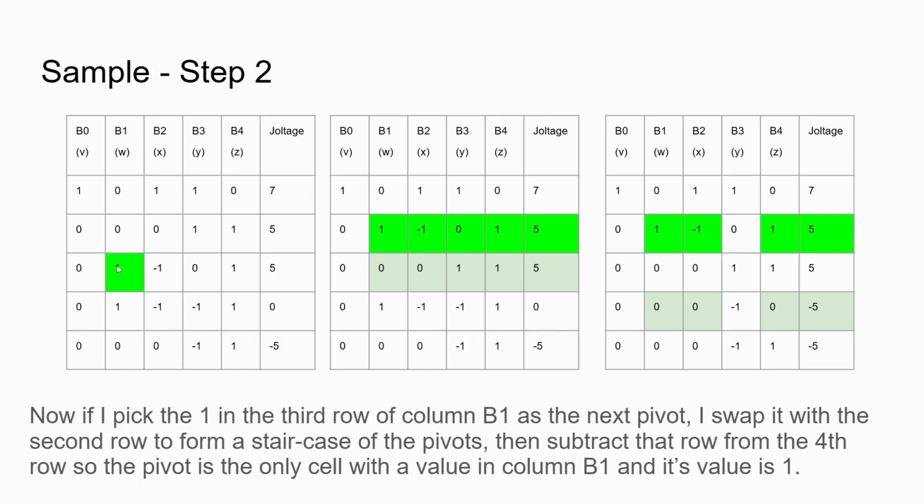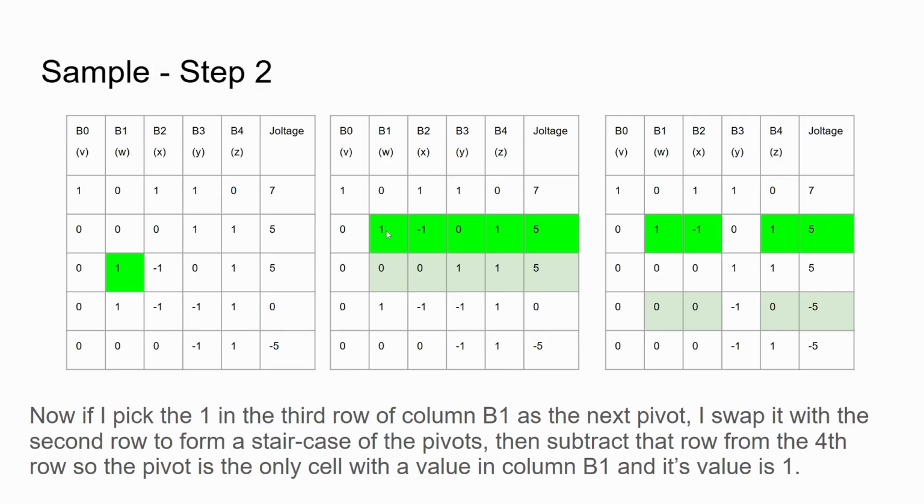So then we move on and pick a pivot value in the next column. And what we do is we swap it so it's in the next row below the previous pivot. So we end up with a staircase here of 1s, where we have 0s below each pivot and 0s to the left in every other row below.